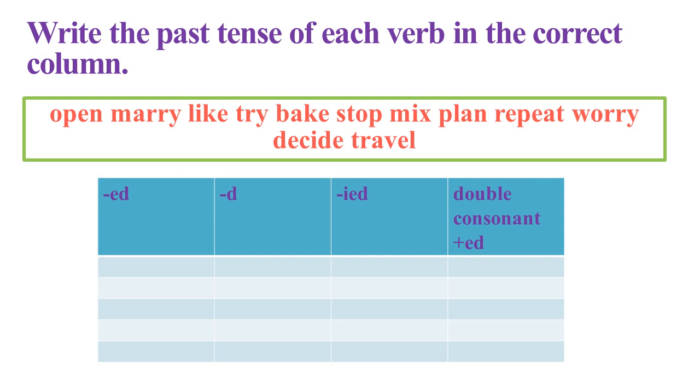And in the third column, you should write the verbs that are formed with the ied ending. And in the last column, I would like you to write the past tense verbs with the double consonant and then with ed ending. Use the pause in the video to make this exercise. Make it first in the written form and then continue watching it to check whether you're right or not.